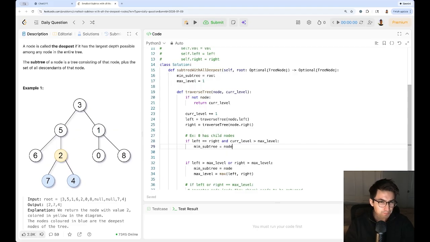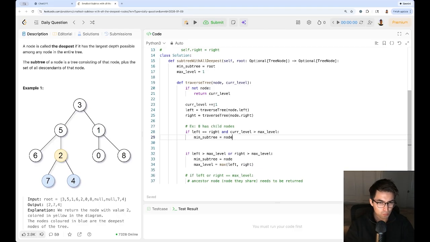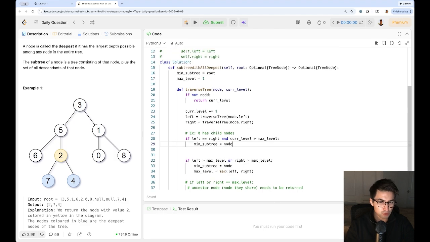Okay. We start at 3. We enter the recursive function. Current level is now 2. Current level is 3. 3 equals to... and then we return the current level in here. That's 3.